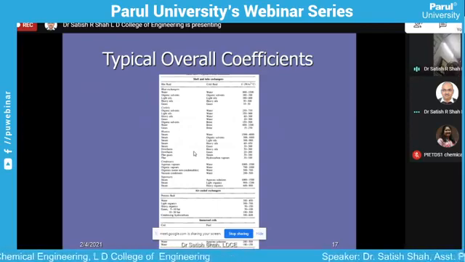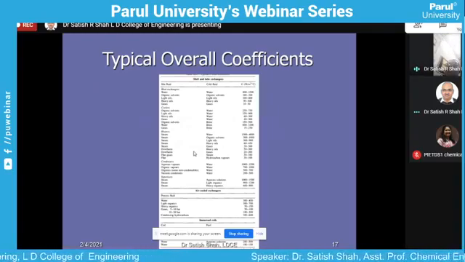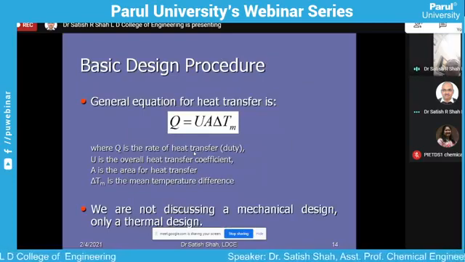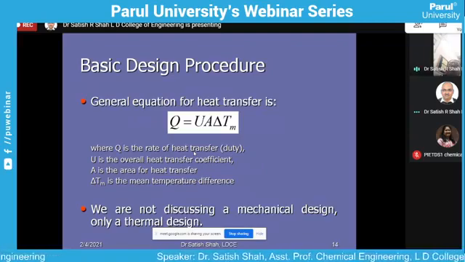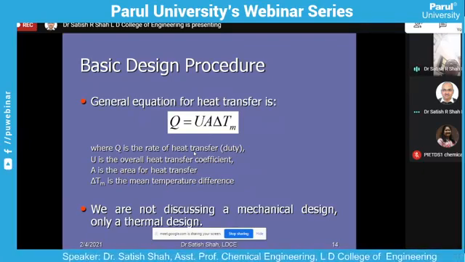For that, you have to assume a value of U. Again, I'll go to that slide where I have mentioned Q is equal to UA delta Tm. So here that U, you have to assume. And how to assume? For that, they have given us some table. You can use that, but later on by experience also you can assume some different value.